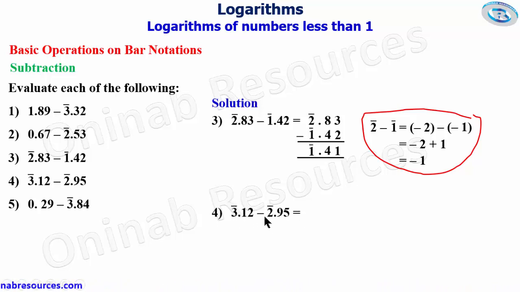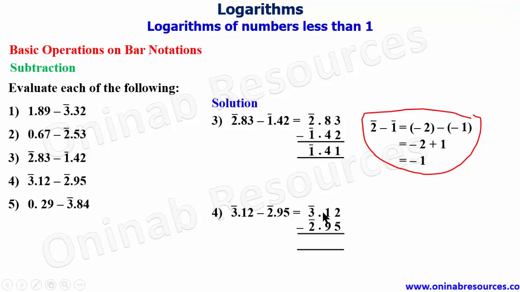I have bar 3.12 minus bar 2.95. So bar 3.12 minus bar 2.95. So we are borrowing here. Remember 0 there. The one we borrow is here, making 12. 12 minus 5 gives 7.